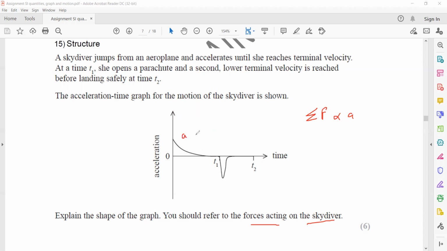So from the beginning till t1, the acceleration is decreasing, and approximately here the acceleration is 0. When acceleration is 0, it means the resultant force is 0. So a moving object will move with a constant speed, or if it is a stationary object, the object is at rest.